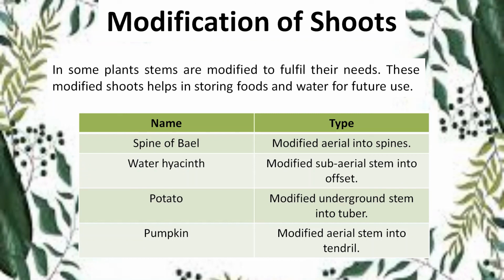No. The flappy part of the stem that has undergone the conversion in the case of arid plants, those modified stems actually preserve the food and water, but leaves have also converted into spines in the case of those arid plants, the cactus plants.